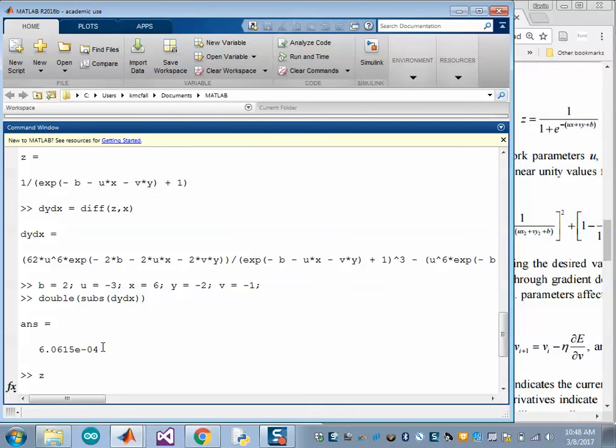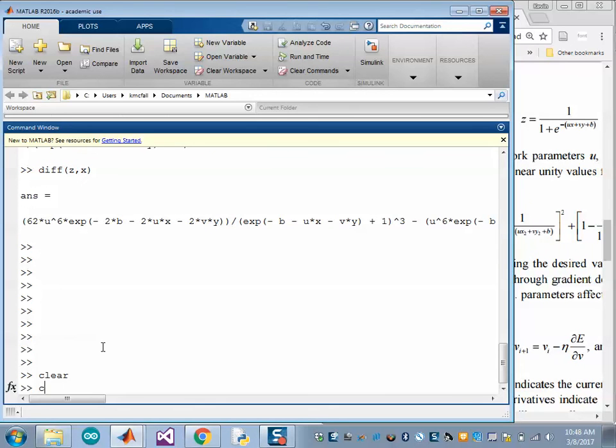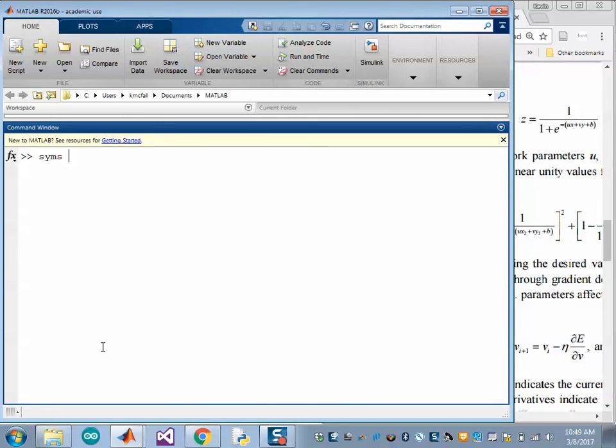Okay? So let me do a simpler thing with the subs. Let me do clear now. Clear, syms y and x. And I'll say y is equal to x squared minus 7 times x plus 5. Okay?